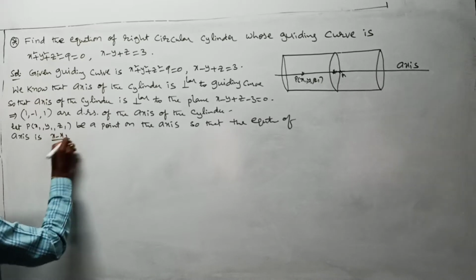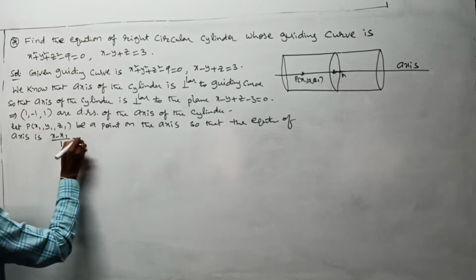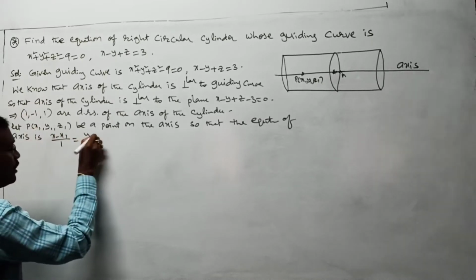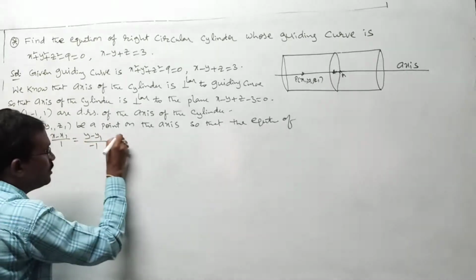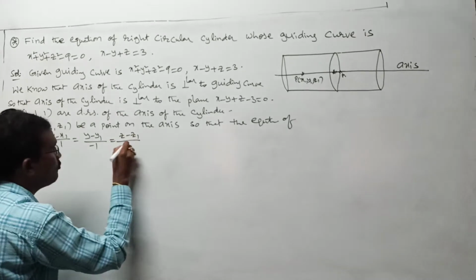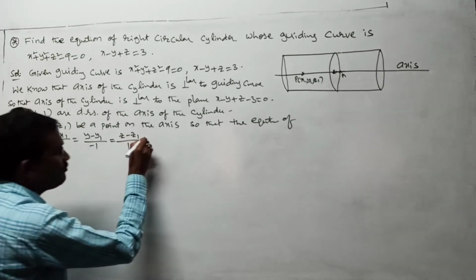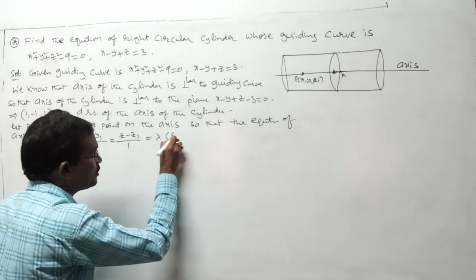X minus x1 by 1 is equal to y minus y1 by minus 1 is equal to z minus z1 by 1. Again, to define a general point, take this equal to lambda.